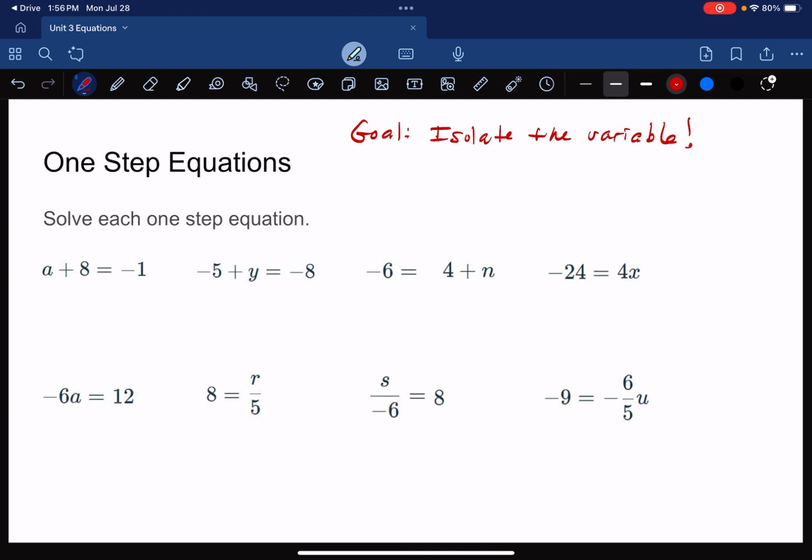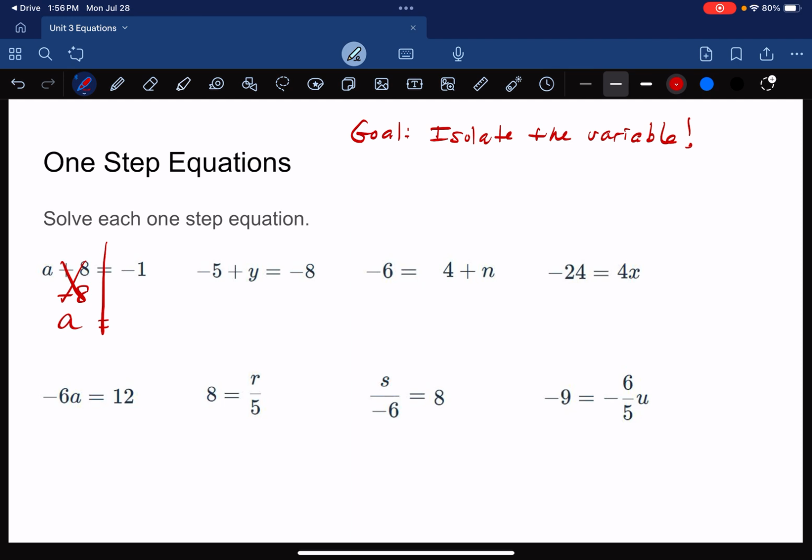If I think about splitting an equation with the equal sign, drawing a line down through there to make a left half and a right half, I see that on the left side I've got an a, but I've also got an 8. Well, 8 doesn't belong there, so I'm going to have to do something to get the 8 away from the a, somehow break the connection between the a and the 8. It's a plus sign, and the opposite operation for plus is minus, so I'm going to subtract 8 over here, and that's going to get rid of my 8. So this side's good. I've just got a now.